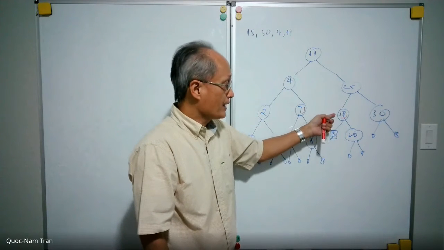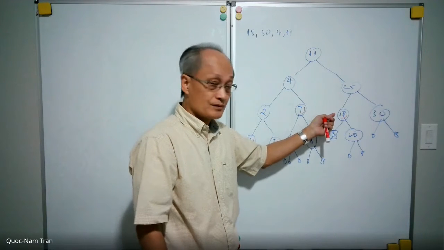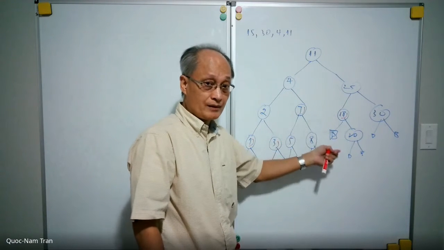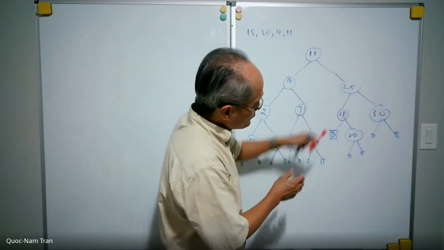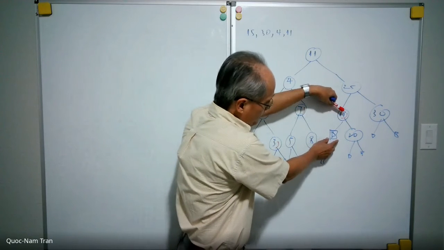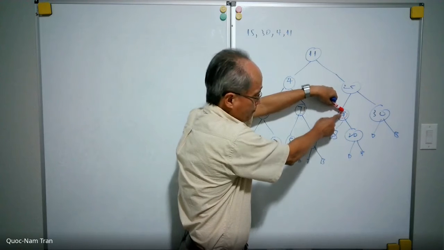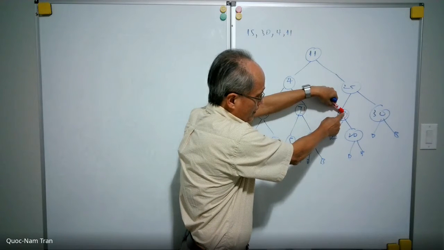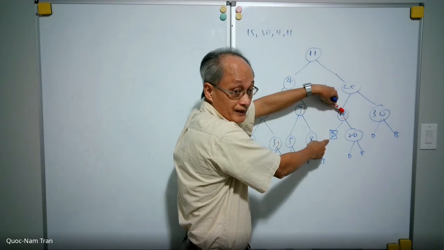So the parent is red, then we can do the arrangement directly. So here, because the parent is red, if we bring one black count from the double black node here up, then we can remove the double black count on this one, right?